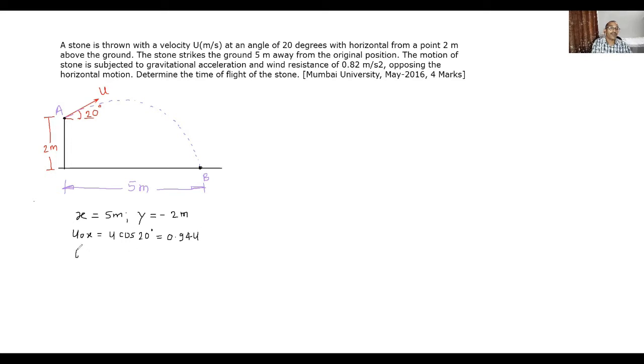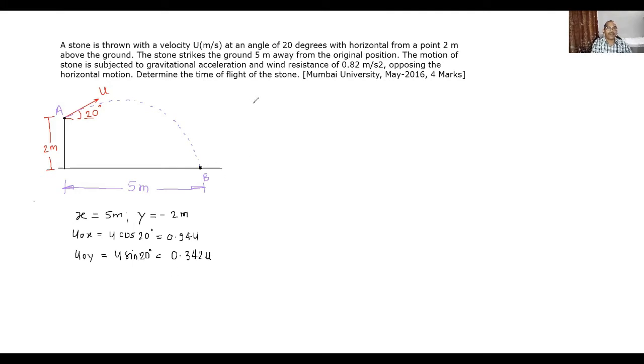And u0y is u sine theta 0, meaning sine of 20 degrees. Sine 20 is 0.342. So it is 0.342 u. So these are the horizontal and vertical components in terms of initial velocity u.